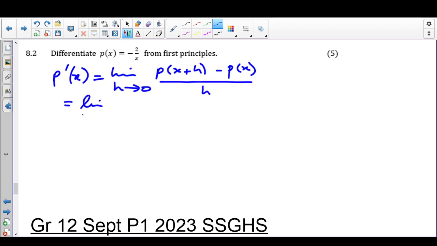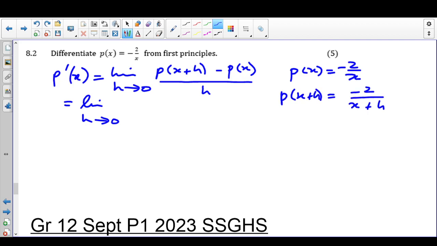So we go the limit as h approaches 0. We do not drop the limit until we do this equivalent substitution here. So if P of x is negative 2 over x, then P of x plus h, of course, is going to be negative 2 over x plus h. So I got negative 2 over x plus h minus negative 2 over x, and this is all over h.